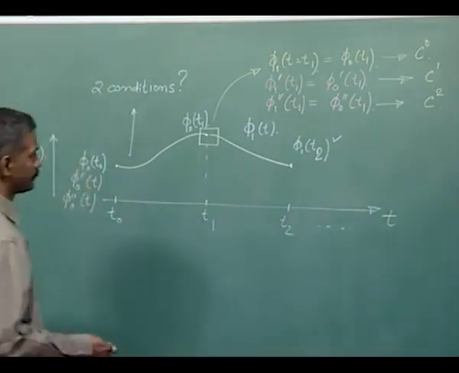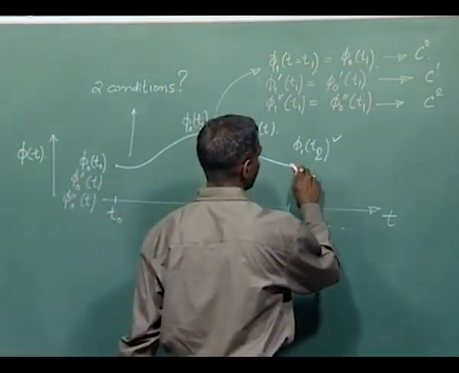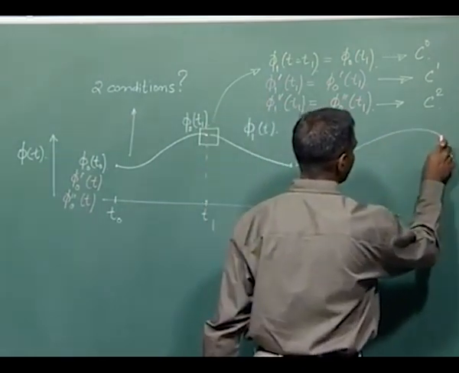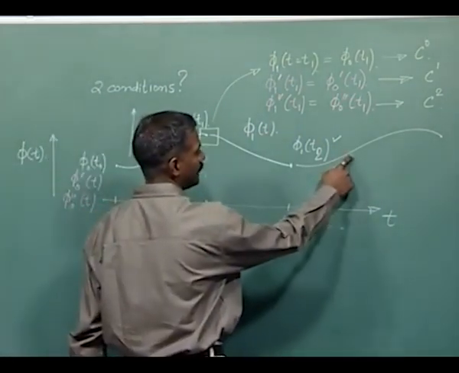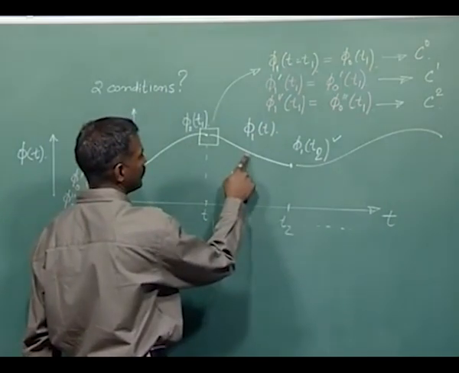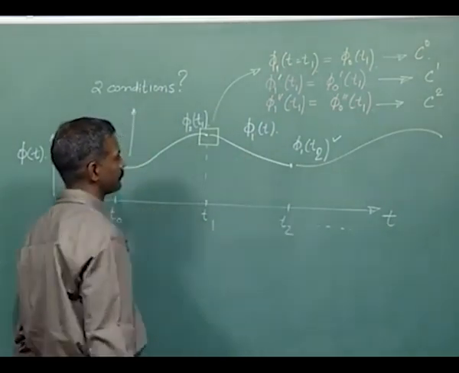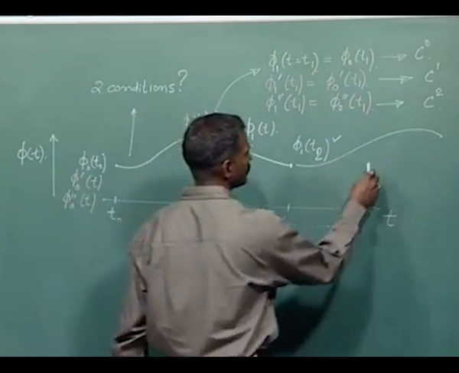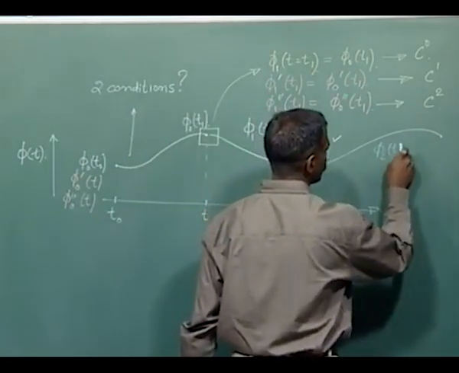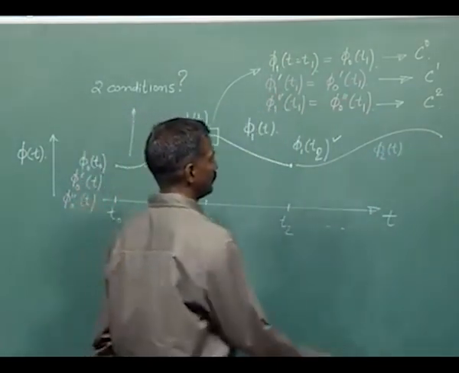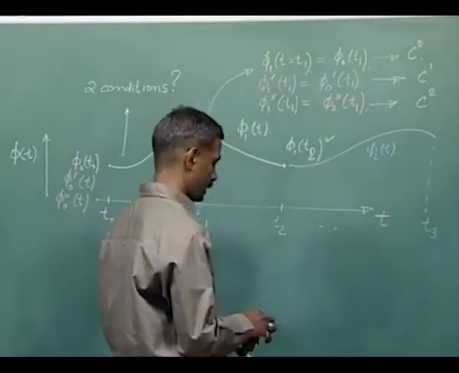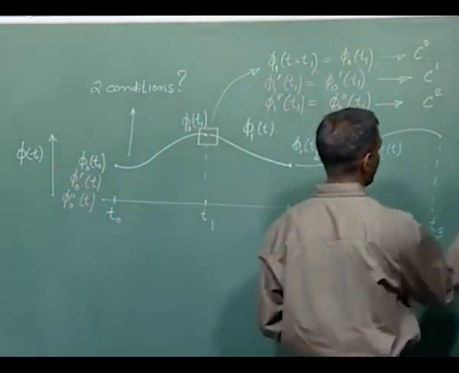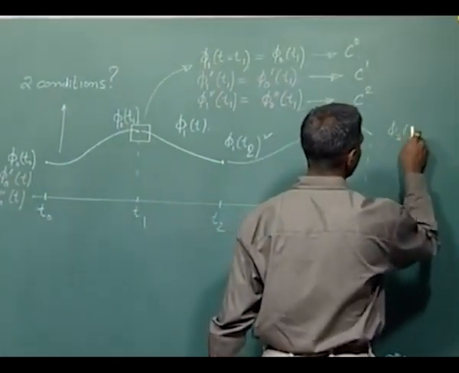Constructing the third segment. We would construct the third segment in an exact fashion that we used to construct the second segment. Let me call this segment phi 2. Let this knot value be t3. Let me assume the value right here, phi 2 at t3.